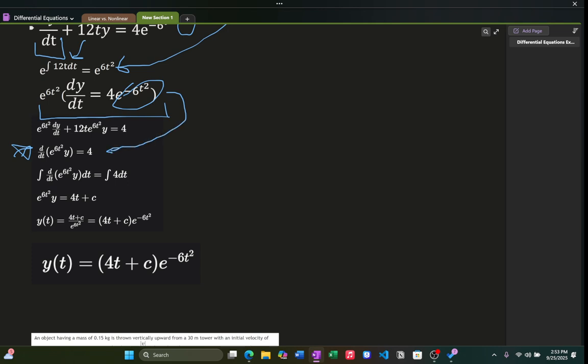And why did it disappear in these two steps? That is because the two e's, our integrating factor, canceled out with the original e, because these exponents, negative 6 and 6, add up to be 0, and e to the 0 is 1.